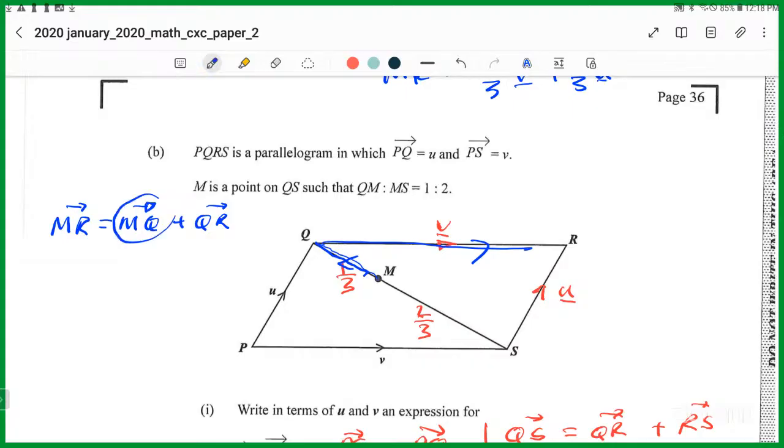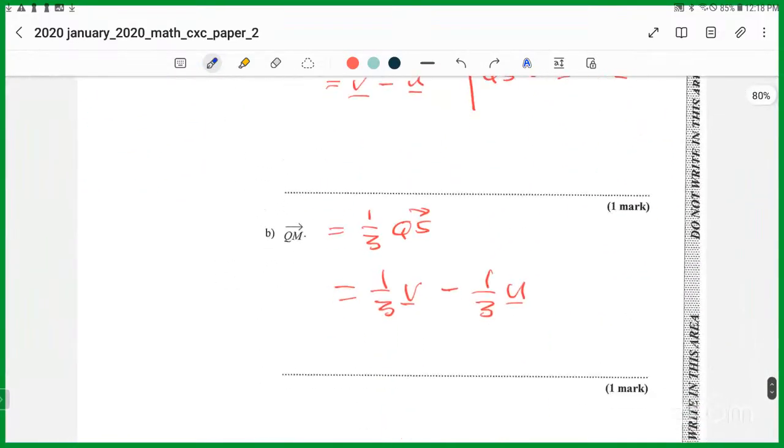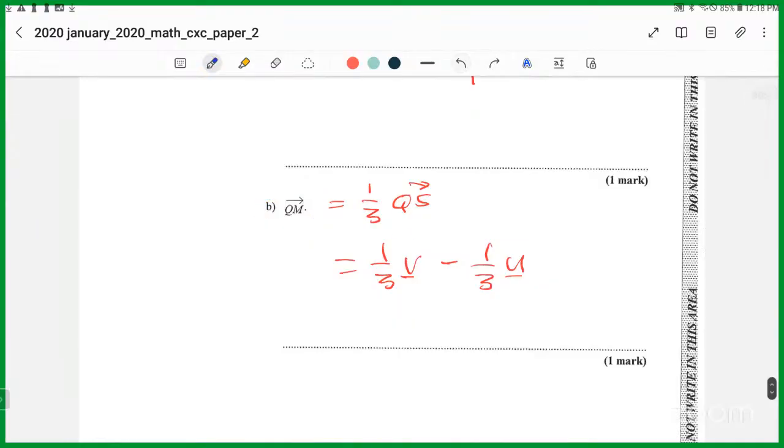But you see this MQ? This MQ is just minus QM. It is just the opposite, or the inverse, of QM, which is this. We're going in the opposite direction. So if this is QM right now, then MQ that we're trying to find at the top is just the negative of this.